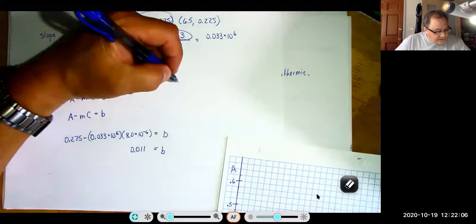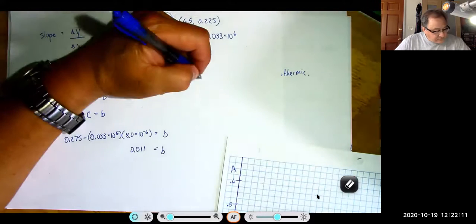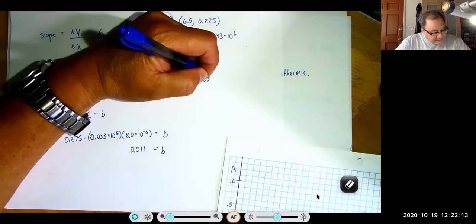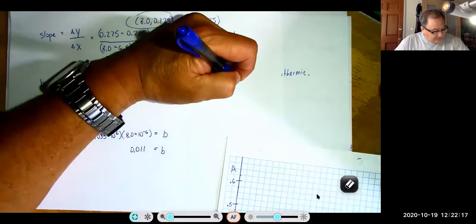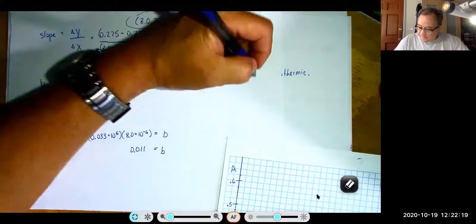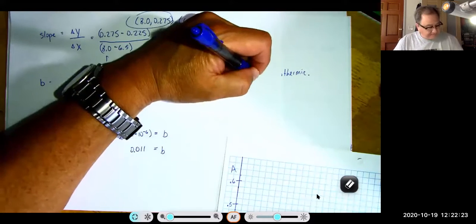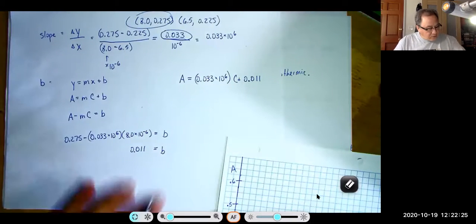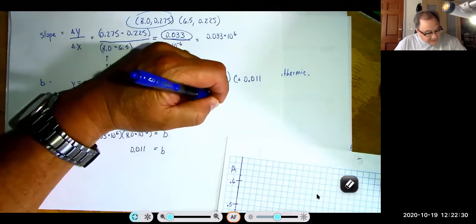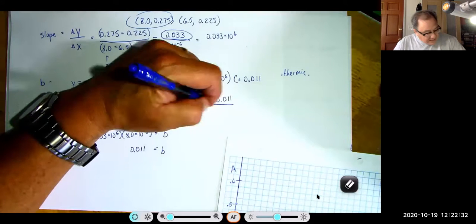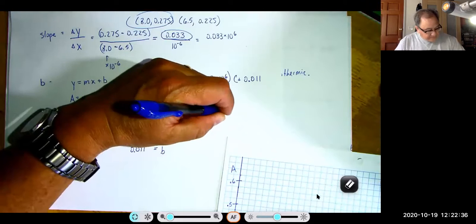So the equation for the line is that the absorbance is equal to 0.033 times 10 to the 6 times the concentration plus 0.011. In other words, the concentration is the absorbance minus 0.011 divided by 0.033 times 10 to the 6.